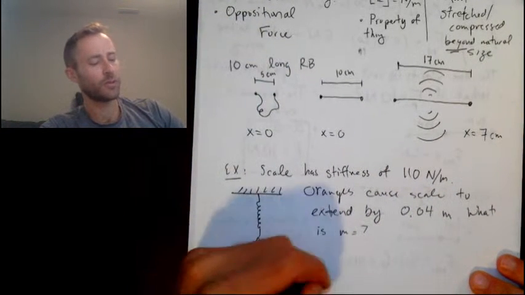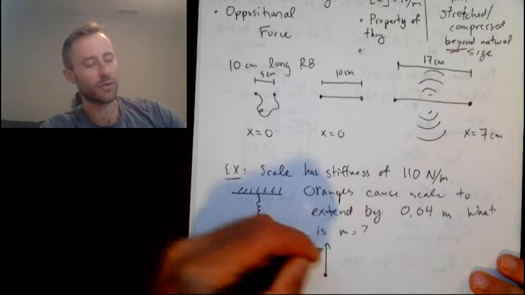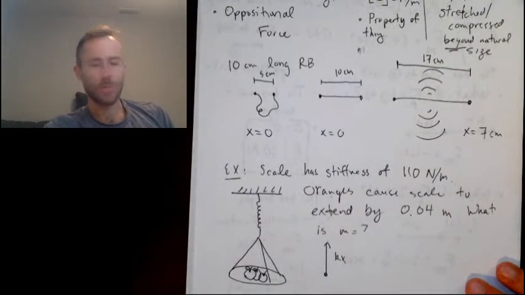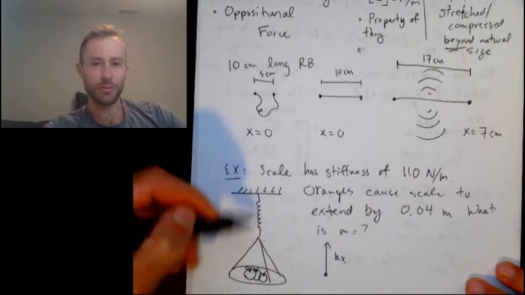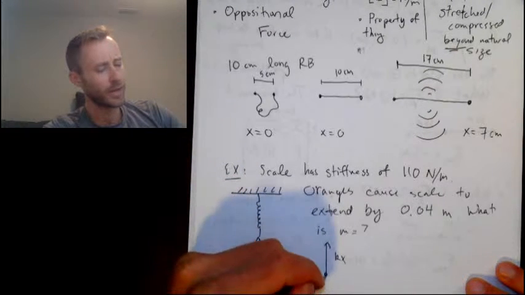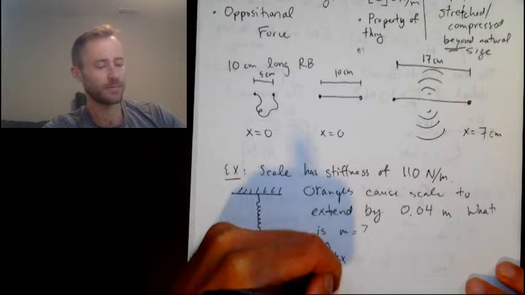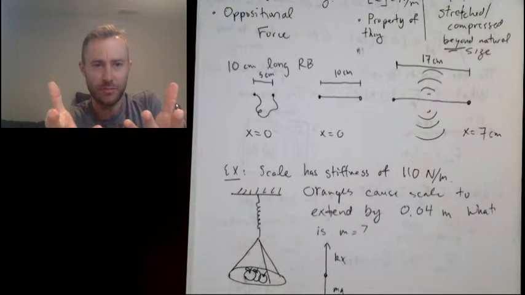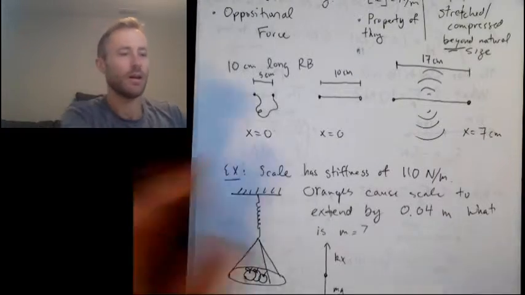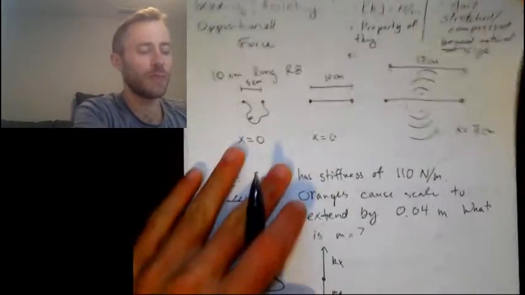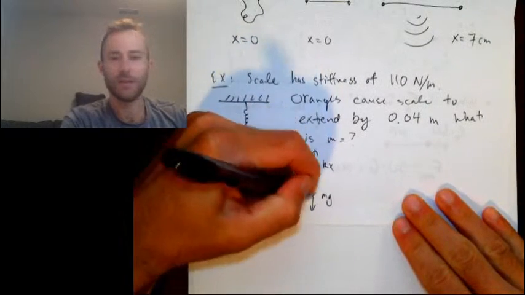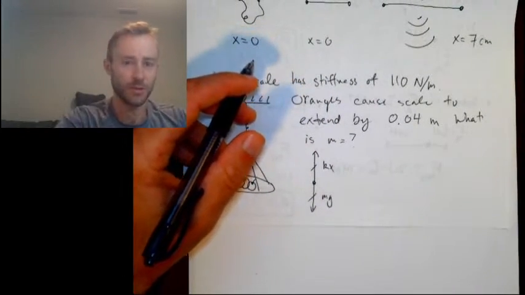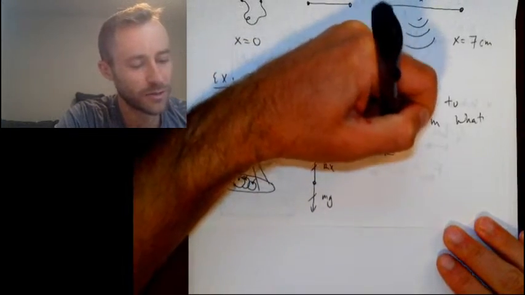Now, if we think about these oranges, they have the elastic force supporting them. It's the spring that is supporting them. And they have a weight force going down. And because the oranges are just sitting in the scale, those two forces have to balance. If they were not balanced, then the oranges would be accelerating up or down. So we have to have kx equals mg.